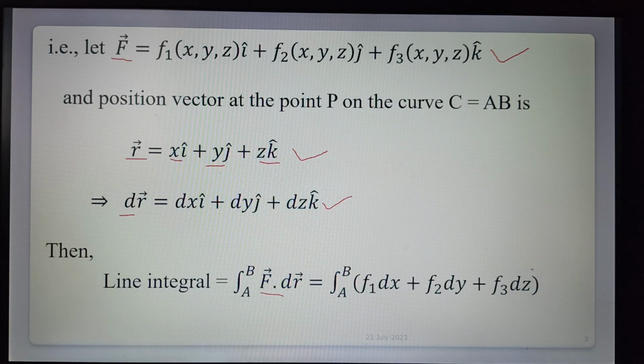This defines the line integral along curve C or AB.